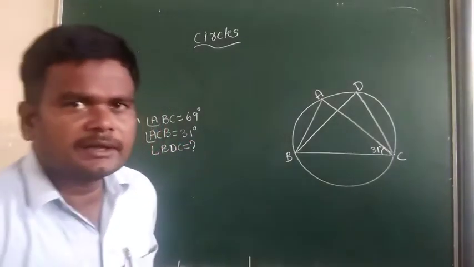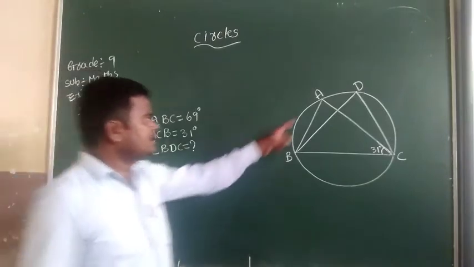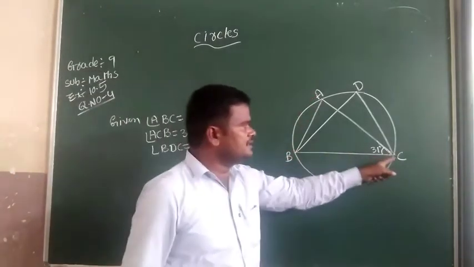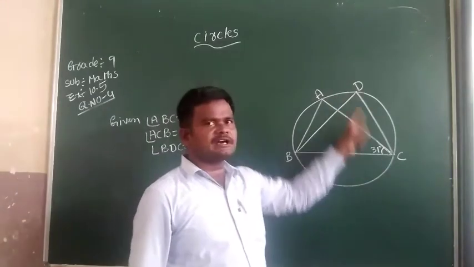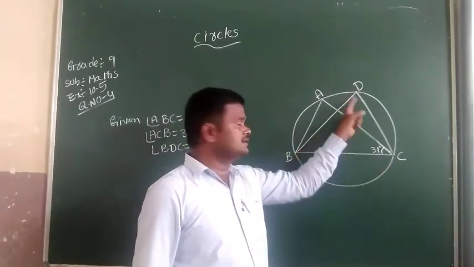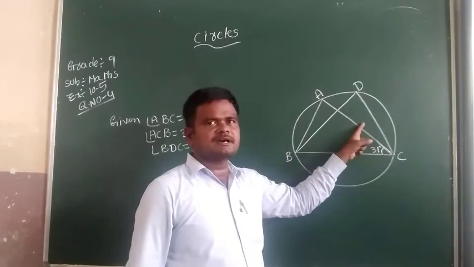So here, how to find this one? Triangle ABC is a triangle. Triangle BDC is also a triangle. So this is one triangle, and this is another triangle.